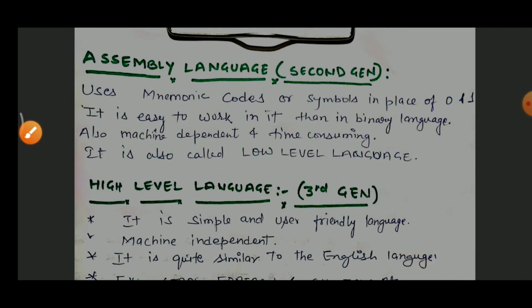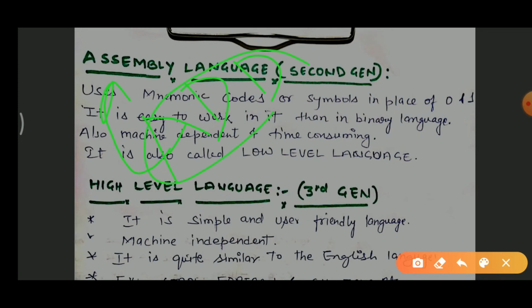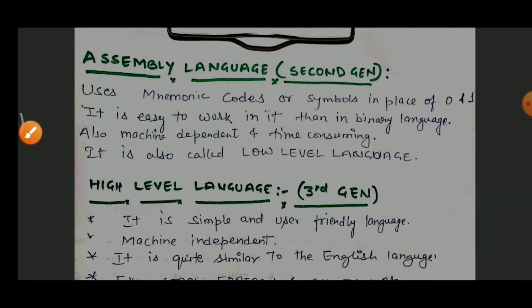But it can be directly written as add in the case of assembly language. So this add is known as a numeric code or symbol in assembly language.